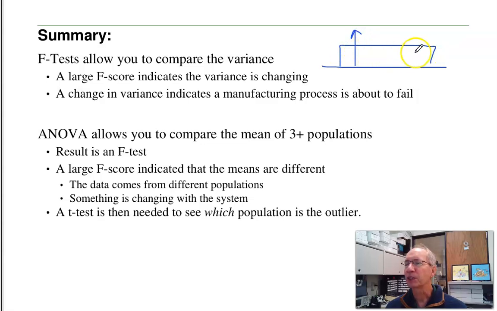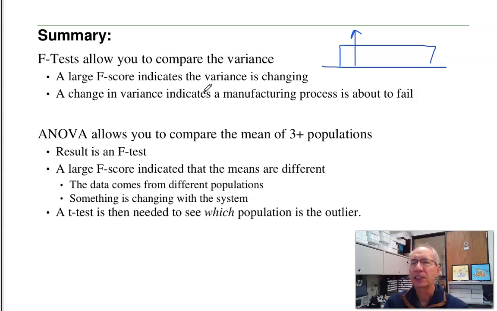If it was uniform distribution, the variance would be 28. Take the ratio, I can tell you why the variance is different. Yes, they are. The reason you want to do that is if the variances are different, this will tell me that the distributions are different, or typically in industry, a change in the variance indicates the manufacturing process is about to fail.